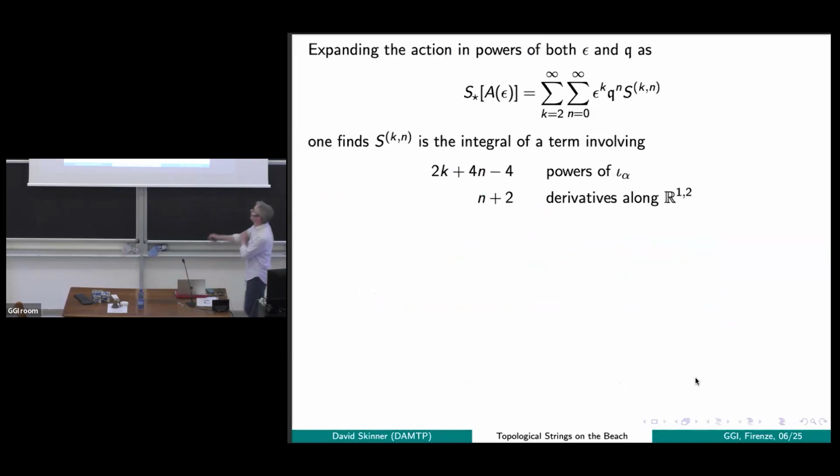In particular, if you look at the expansion of my action in powers of this new parameter epsilon and the parameter q, then you find that the coefficients of the various powers of epsilon and q come along with this many powers of the spinor iota and this many derivatives in the space-time directions.